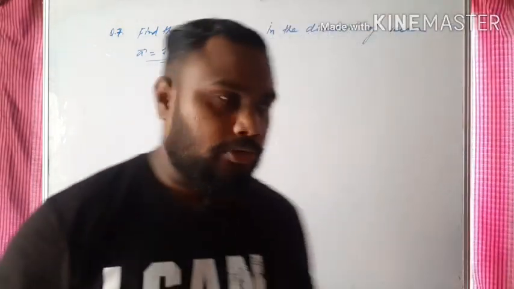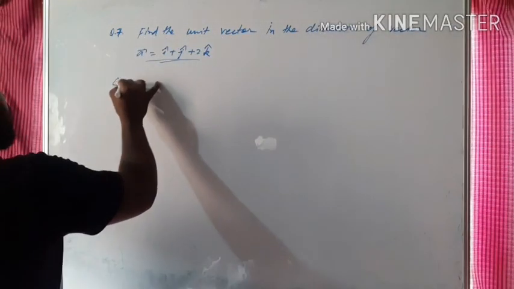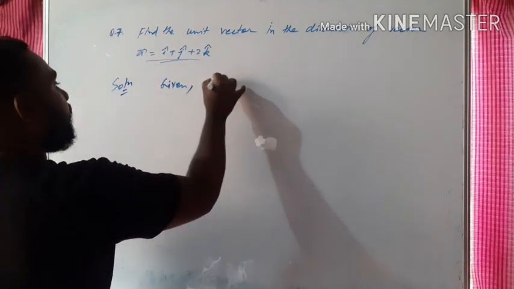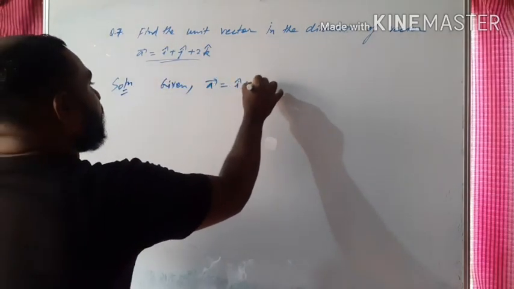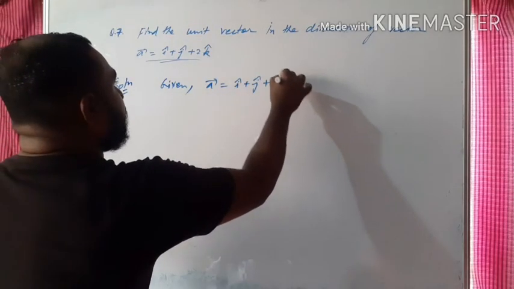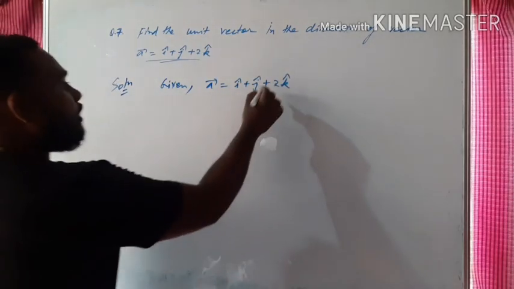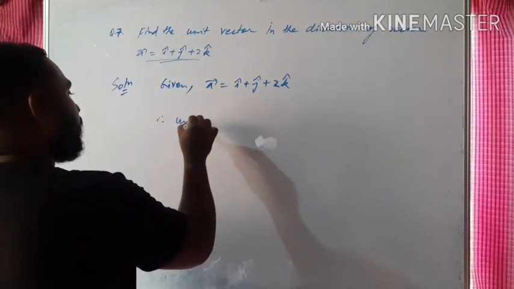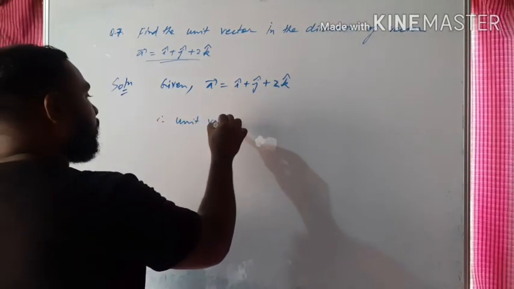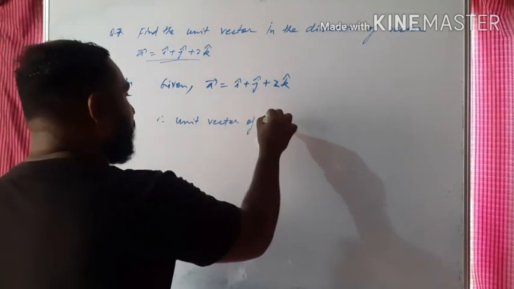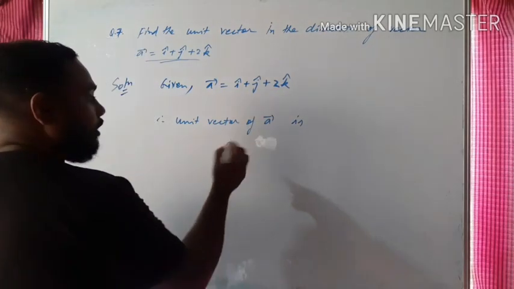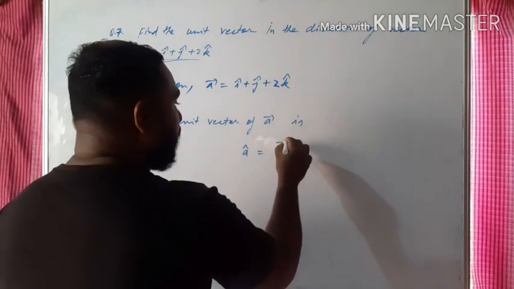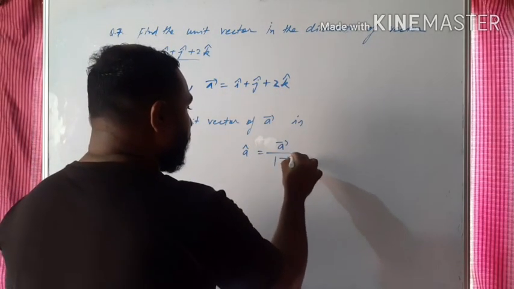So the given vector is a vector equal to i cap plus j cap plus 2k cap. I want to find the unit vector of it. Therefore the unit vector of a bar is given by the formula a cap is equal to a bar by magnitude of a bar.